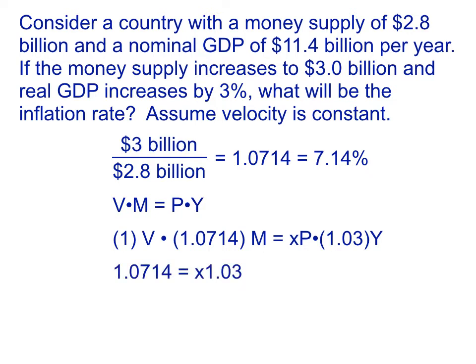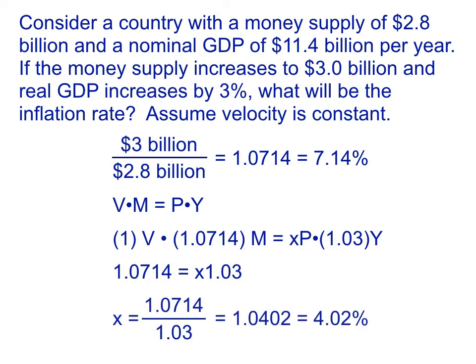Doing this mathematics, since we know that VM is equal to PY, I can cancel out VM is equal to PY, and I end up with this equation. Solving for x, we see that the increase in the price level, or the inflation, if you'd rather call it, is 4.02%.